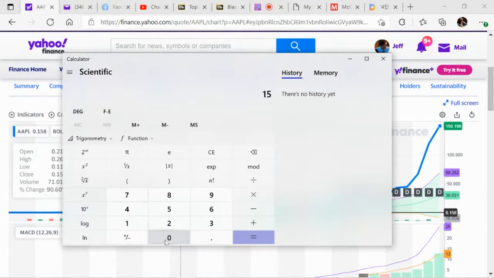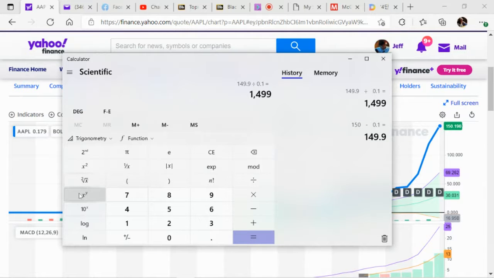So 150 minus 10 cents, 0.1, divided by 0.1, right, is 1,499 times.